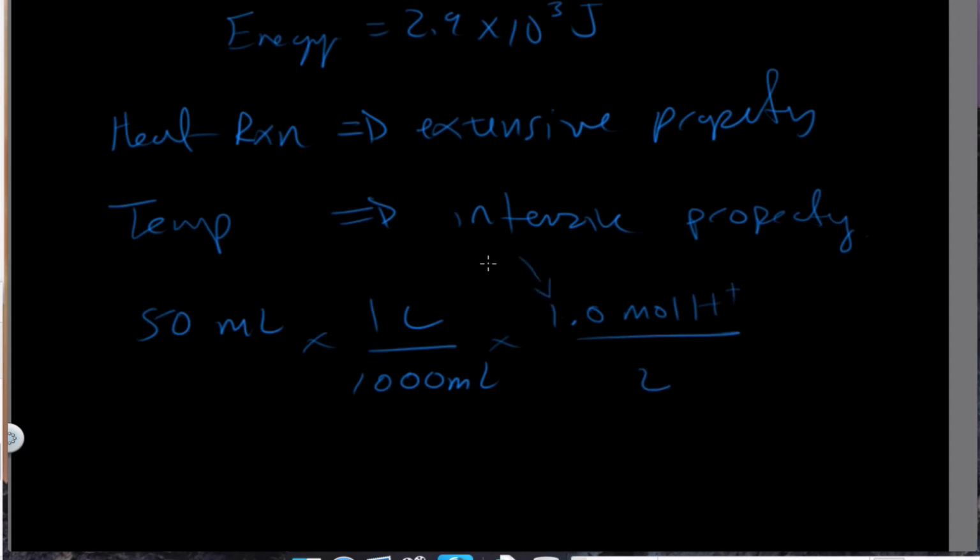We get this from the coefficient of the equation, and this gives us how many moles of H plus ions are consumed. So 5 times 10 to the negative 2 moles of H plus consumed, right?